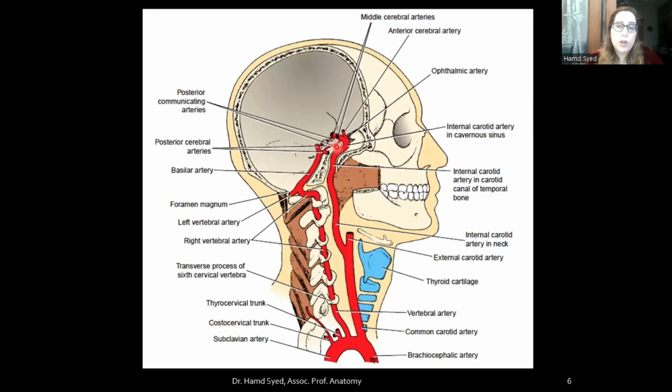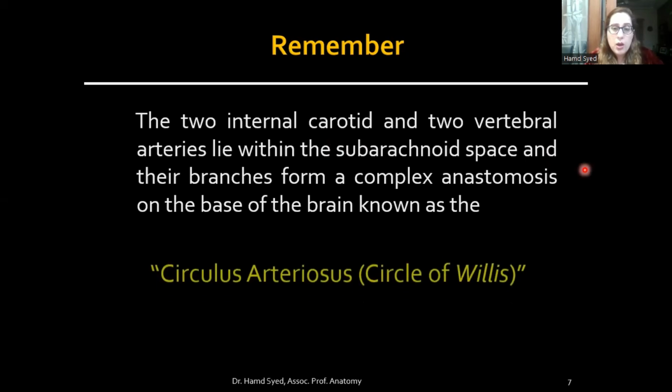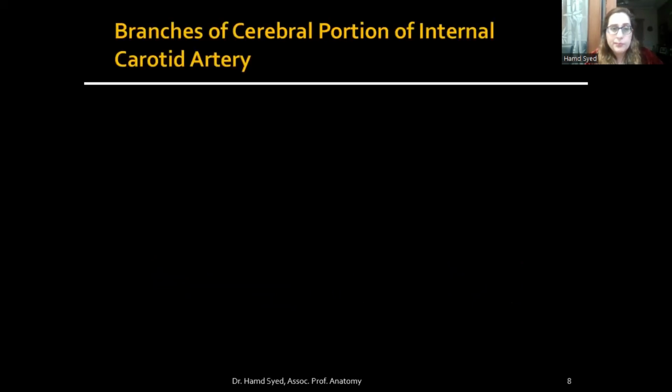And different branches which arise from the Circle of Willis are going to supply different parts or segments of the brain tissue. So this is what you have to remember, that there are two internal carotid and two vertebral arteries, and they lie within the subarachnoid space, and their branches form a complex anastomosis on the base of the brain known as the Circle of Willis.